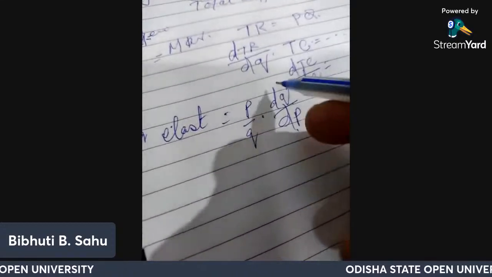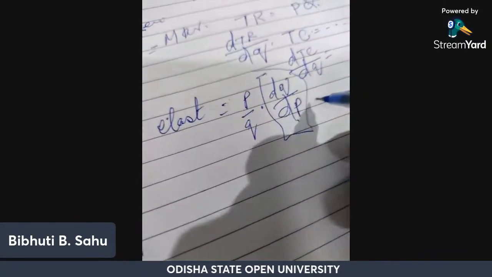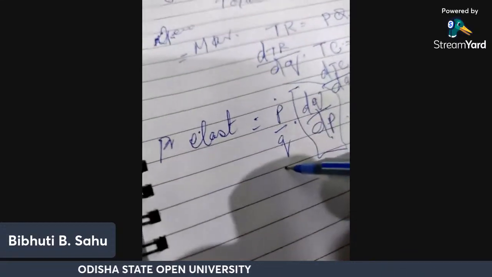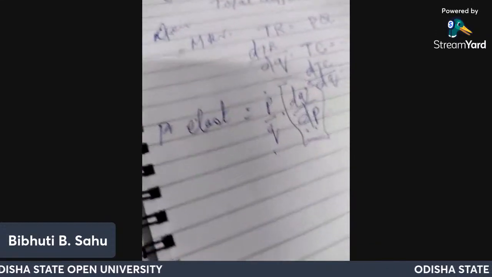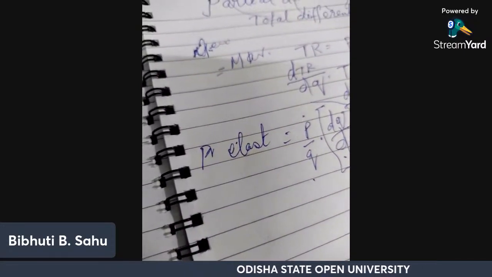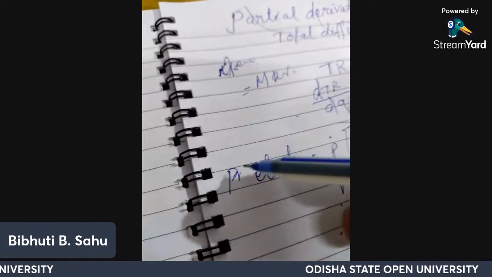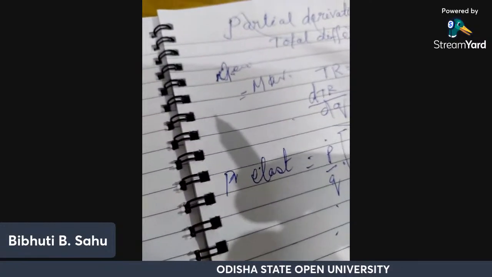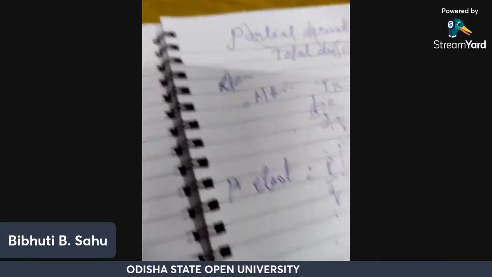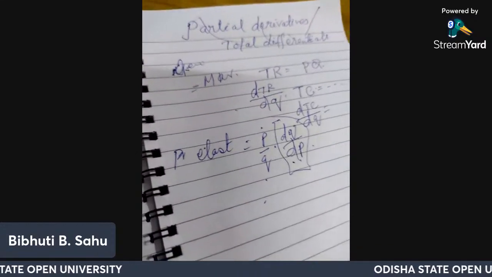So dQ by dP is the derivative of Q with respect to P, and taking the ratio, we can find out the price elasticity of demand. We can also find out the relationship between average revenue, marginal revenue, average cost and marginal cost by applying these derivative tools.